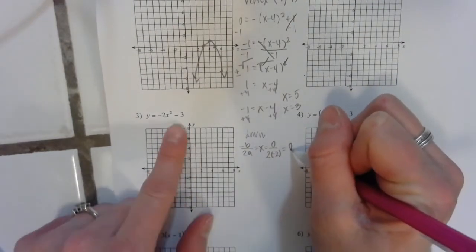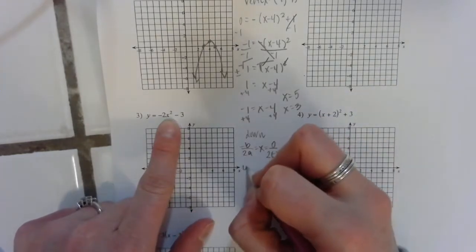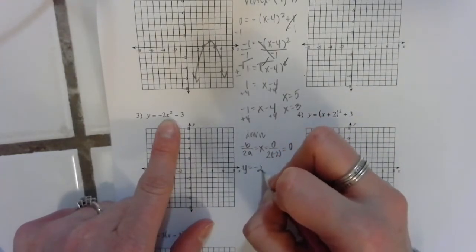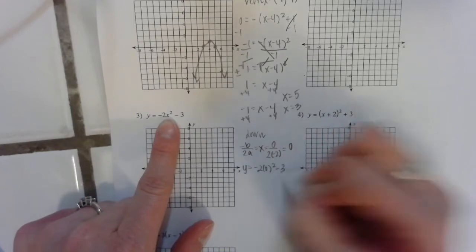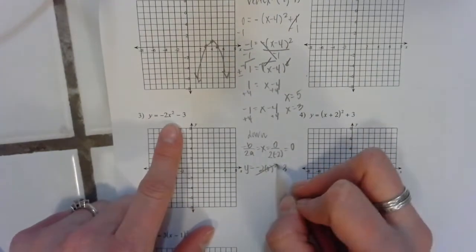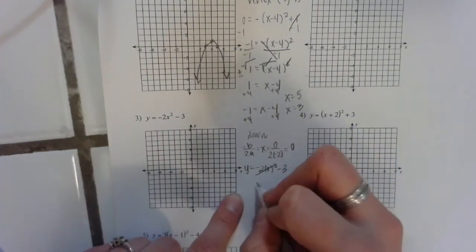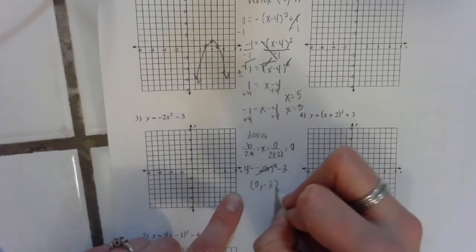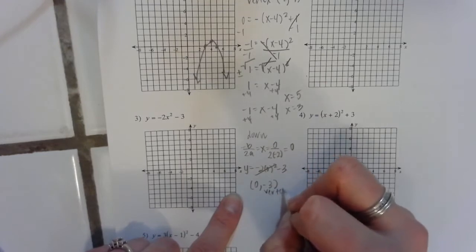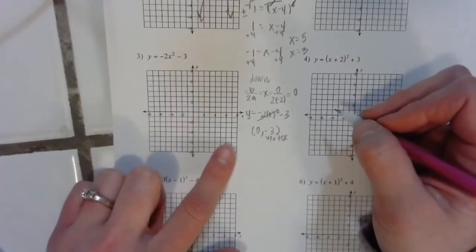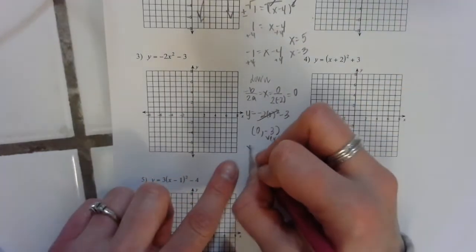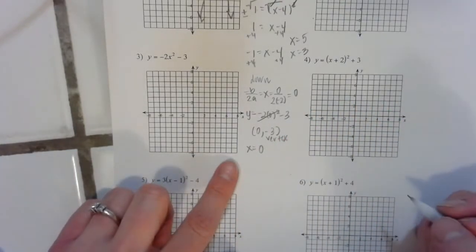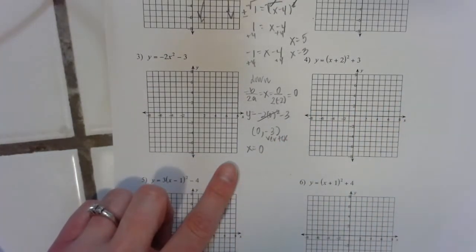So now I'm going to plug my x value into my equation and figure out what y is. So y equals negative 2 times 0 squared minus 3. Well, anything times 0 is 0, so my y value is negative 3. So my vertex is at 0, negative 3. This is our vertex, not our intercept, sorry. Okay, and my axis of symmetry is x equals 0, and we already said that it opens down.